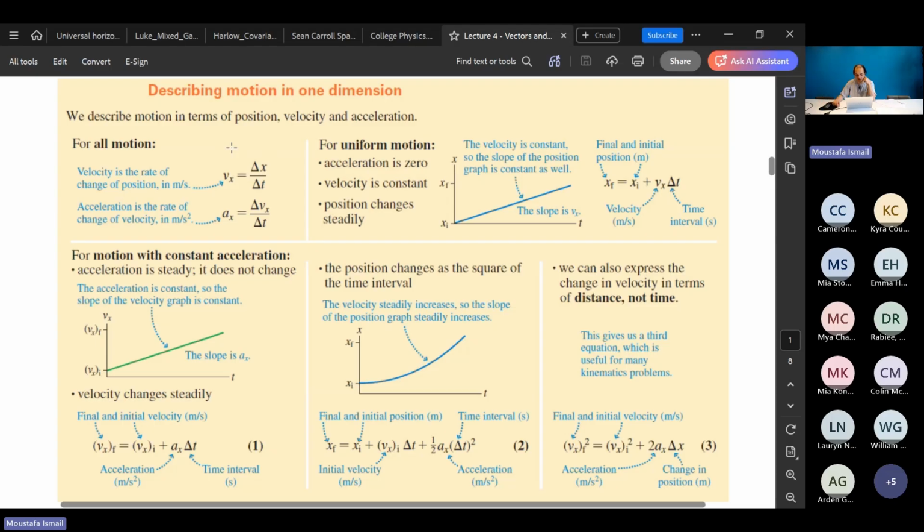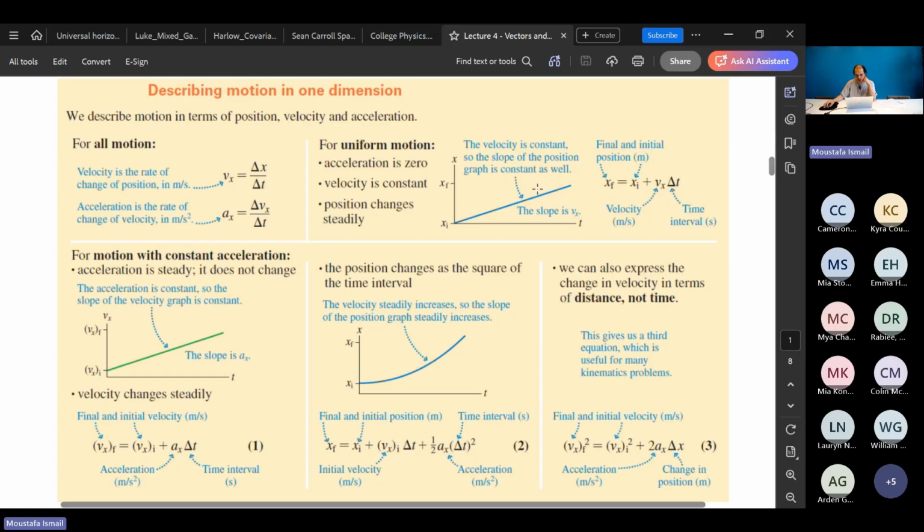This will be relevant to us in a couple of minutes when we discuss motion in more than one dimension. So we will have both subscripts x and y to indicate different directions. That's why we added this subscript here. Then the definition of average acceleration is the change in velocity over elapsed time. Those are the general definitions.